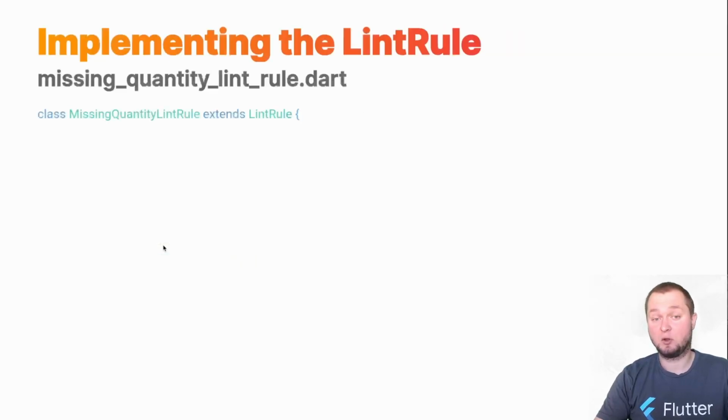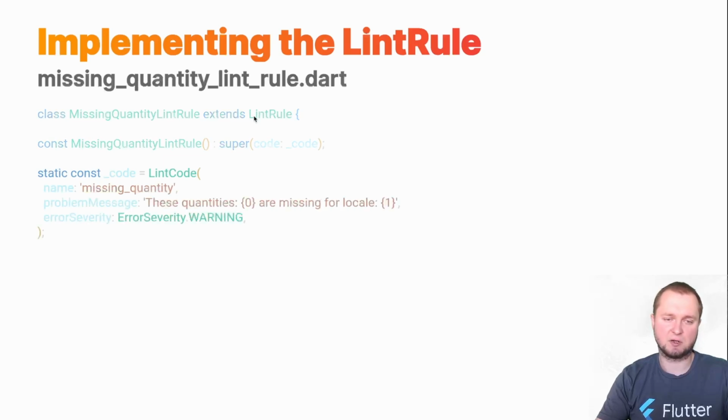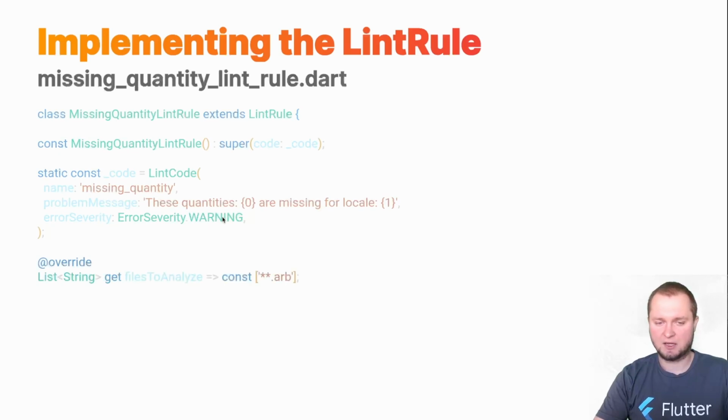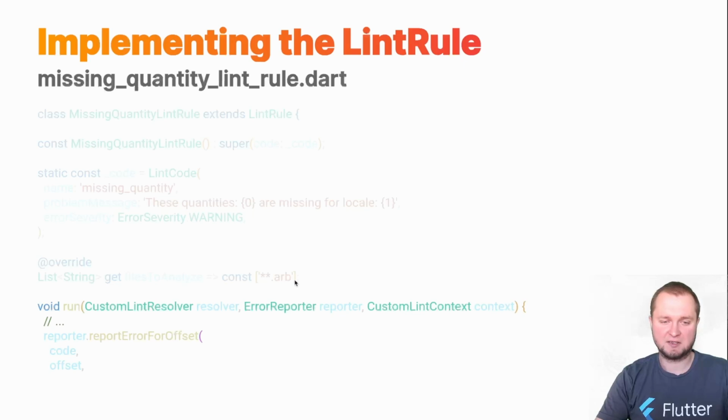But in case of non-Dart files, you have to extend the lint rule, not Dart lint rule. The superclass constructor invocation is the same. Issue is similar here. We have 2 placeholders and warning severity. And what is important, we have to tell which files it should analyze. In this case, there are ARB files. And in this case, we don't have node.